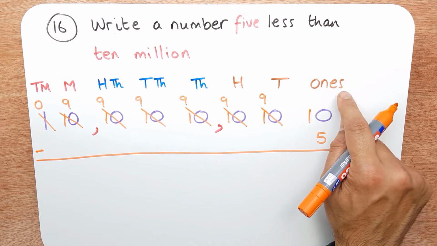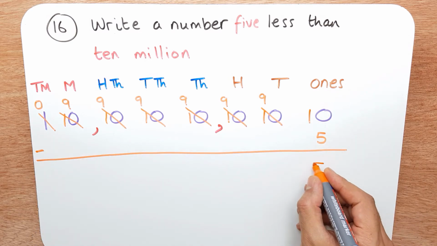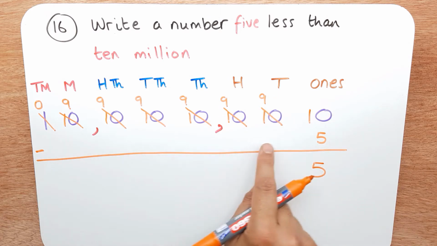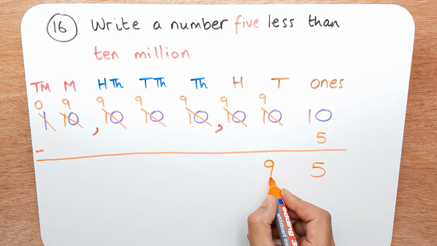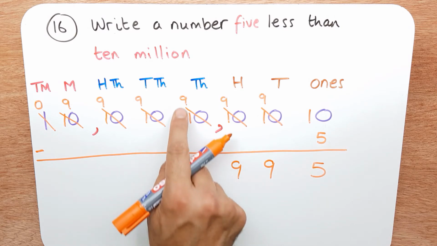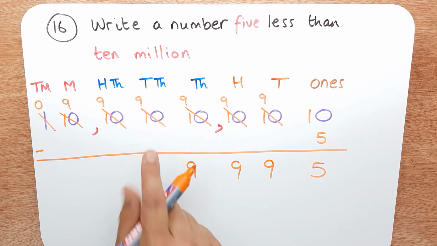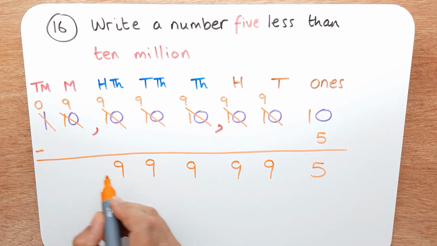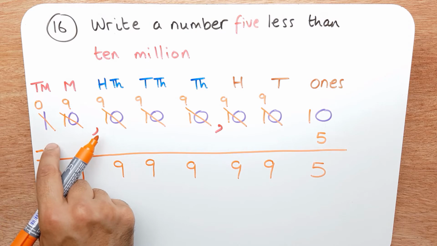Now what we have is 10 take away 5, which is 5. 9 take away, there's nothing here, so it's 9 take away 0, which is 9. That 9 comes down all the way across. 9 take away 0, or nothing. 9 take away nothing. And nothing take away nothing. We leave that.